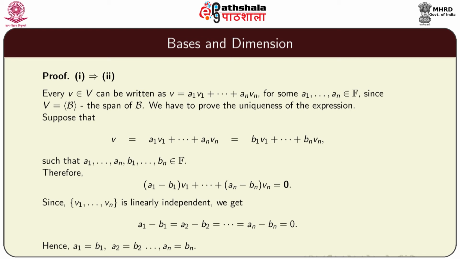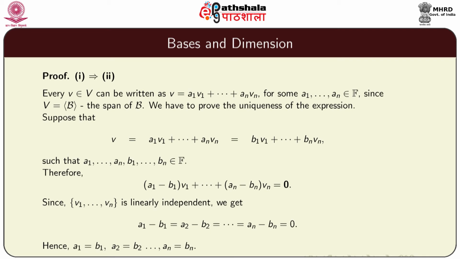We now have to show that this expression v is equal to a1 v1, etc., up to an vn is unique. What does that mean? That means if you have one more linear combination using v1, v2, ..., vn given by b1 v1, etc., up to bn vn, and that also represents v, then the scalars should match.